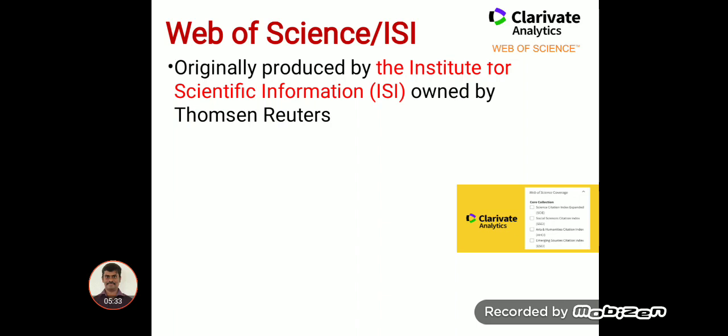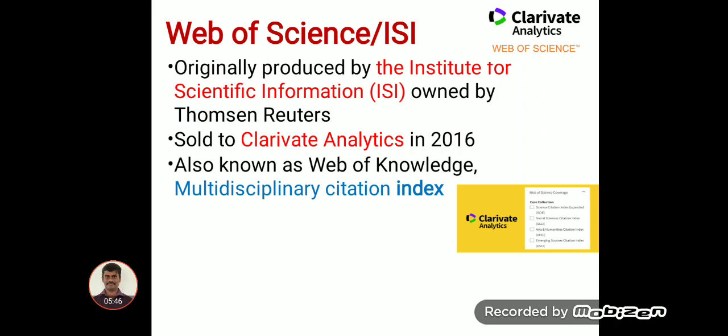And next we'll see about the Web of Science database. As we saw in the previous slide, it was originally produced by the Institute for Scientific Information, owned earlier by Thomson Reuters, later sold to Clarivate Analytics in 2016. And this Web of Science database is also known as Web of Knowledge. It has multidisciplinary citation indexes, which include the Science Citation Index SCI, Social Science Citation Index SSCI, and Arts and Humanities Citation Index AHCI.